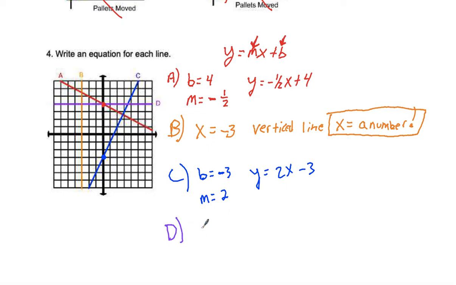D would be y equals 3. No, whoops, I didn't know how to count. 1, 2, 3, 4. Sorry about that. y equals 4. Whoops. See how easy that is? And I would do the same thing on this one. This is a horizontal line.